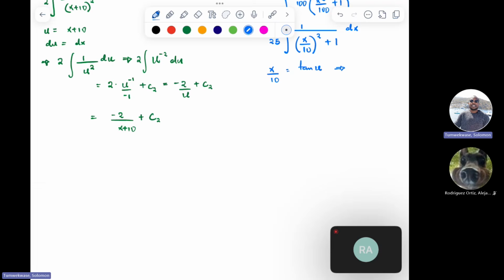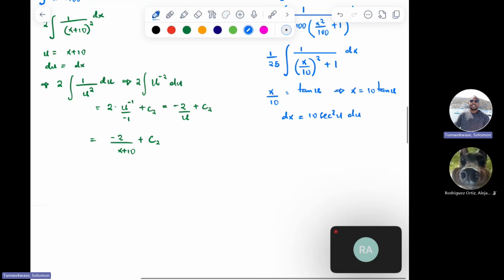I can also say this is x is equal to 10 tangent of u. I'm multiplying 10 both sides. When I differentiate both sides, I'll have dx is equal to 10 secant squared u du.